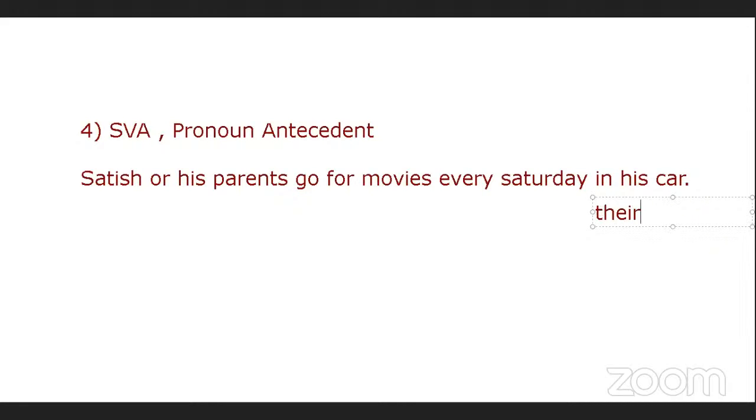So, their car. Did you get it, guys? If anybody has doubt, please ask. That is the rule of pronoun antecedent. The pronoun also has to agree with the main subject.